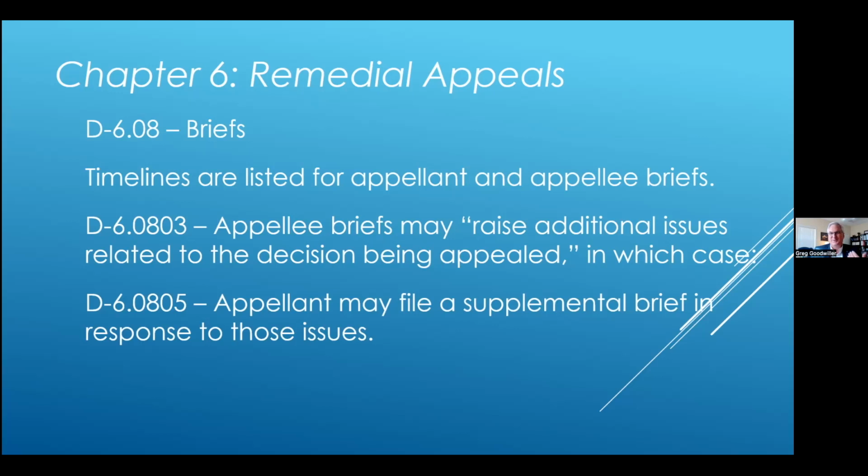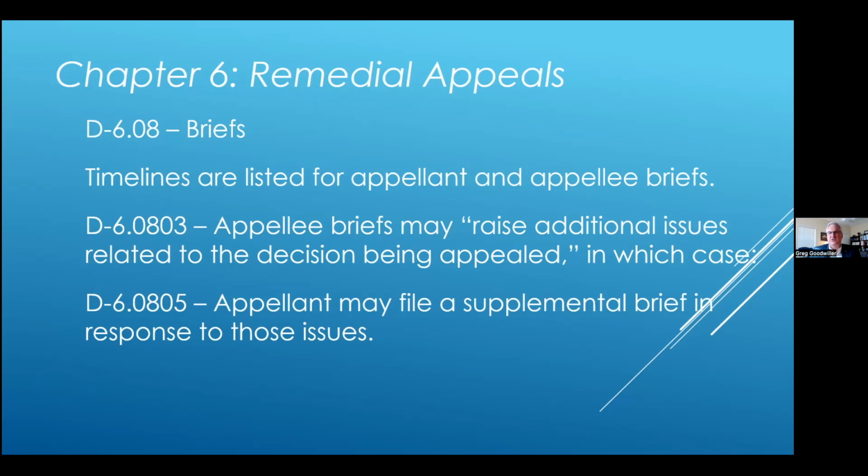To attempt to solve that problem, what we wrote language to allow is for the appellee in their brief to raise additional issues related to the decision being appealed. In other words, yes, you can name those, and instead of having to do it in a second filing called a counter appeal, where now you've got two sets of timelines to deal with that aren't the same, and it's just a mess to try to keep up with it, we're going to let you just put your issues in your brief.